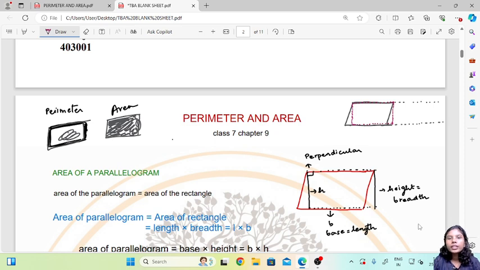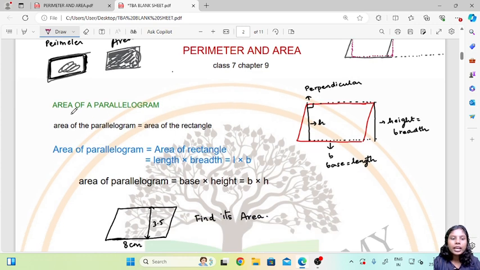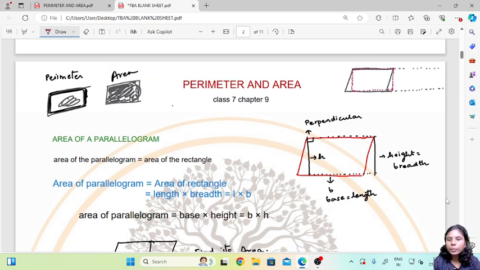What has happened is that the rectangle has been moved in opposite directions, so there is some kind of slant produced. Otherwise it is the same as a rectangle. So that is why we say that the area of a parallelogram is equal to the area of a rectangle, that is equal to length into breadth.